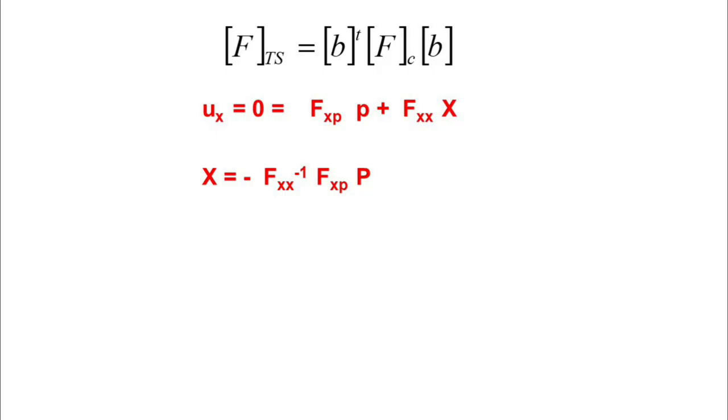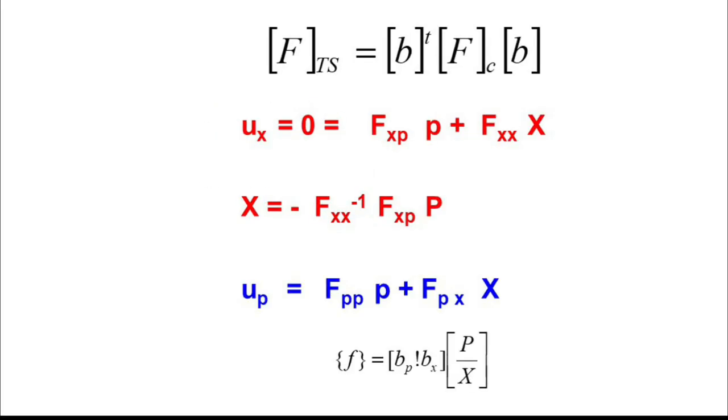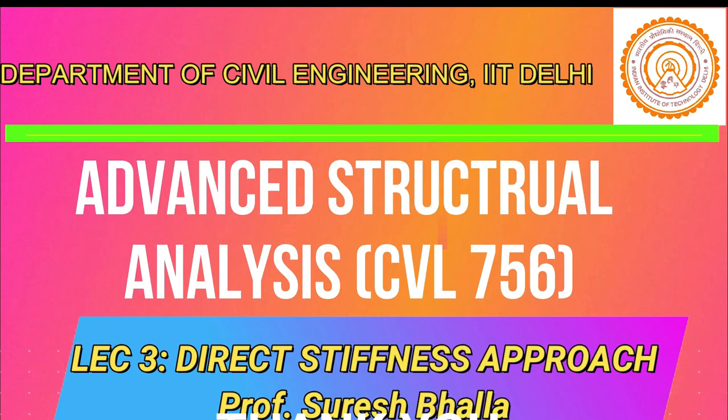Now after the total structural flexibility matrix has been formed, we can start solving the equations, beginning with the bottom as already explained. If UX is 0, we get a direct answer. If UX has a prescribed value, then also we can get the answer for X. Once we have X, we can then obtain the vector of the internal forces as well as the unknown displacements of the structure.